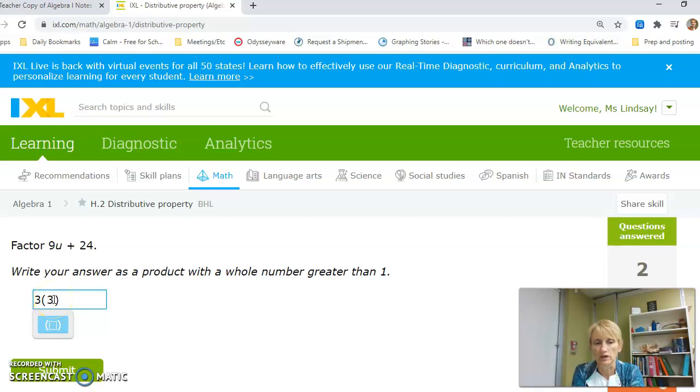And then it would be 3u plus 8. So do you see how that's reverse of what we were just doing? So you want to think of a number that you could pull out, that you could divide both of them by, and then you want to make it so that if you did distributive property with your answer, it would get back to that original.